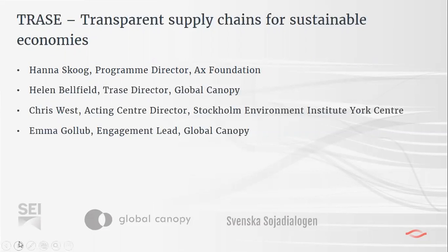We also have Chris West with us, who is the Acting Center Director of Stockholm Environment Institute York Center. And he leads market engagement work for the Trase program.